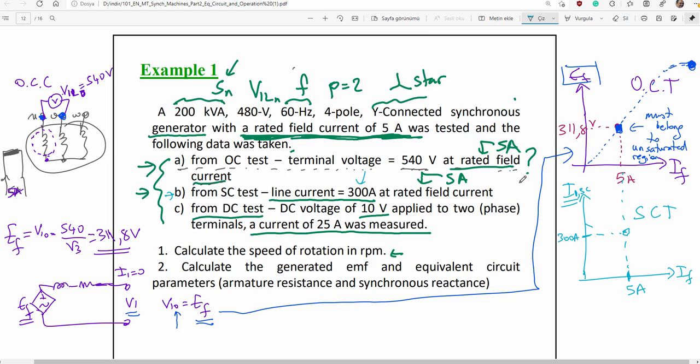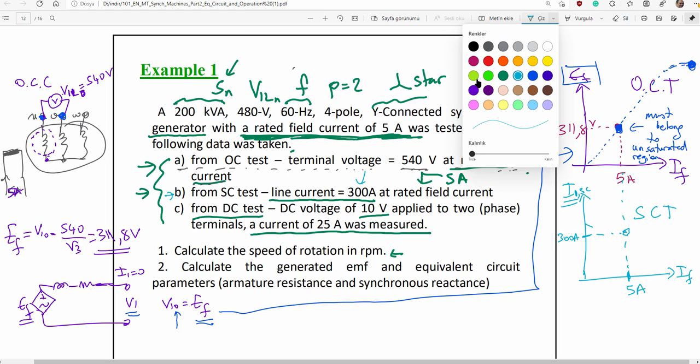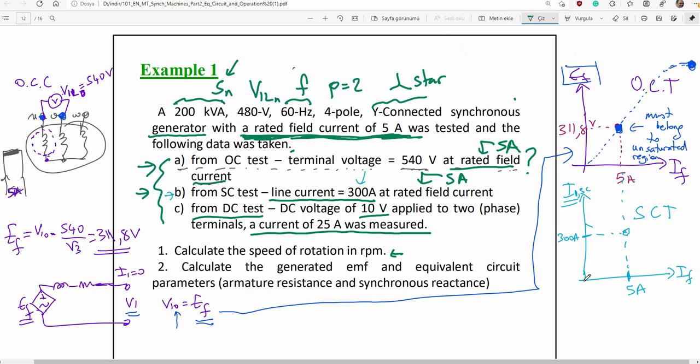Okay, and you know that this region is surely linear, because the non-saturated region is much further, and I assure you it belongs to the linear region generally, because otherwise the machine windings will be damaged.